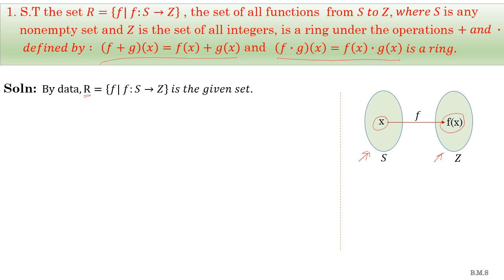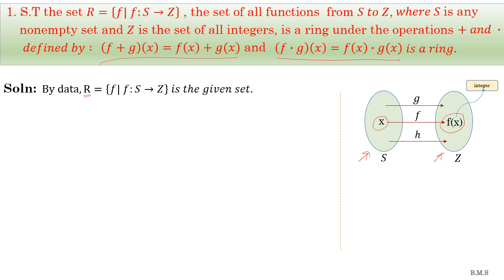And what is f(x)? Because this is in Z, f(x) is an integer. Similarly, you can define a function g, which also maps x to g(x). Similarly, you can define h, which maps an element x to h(x).